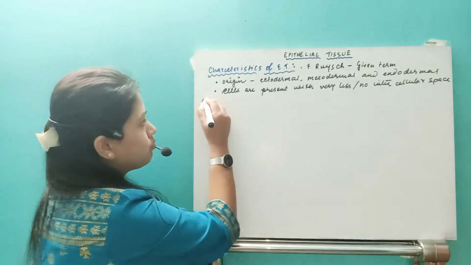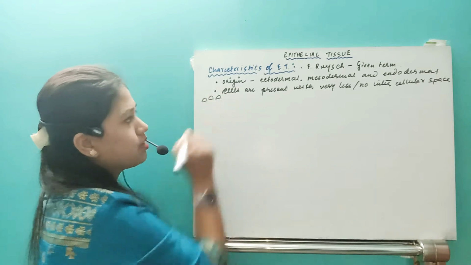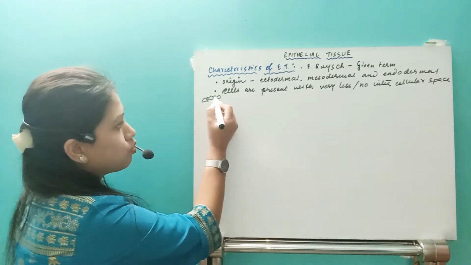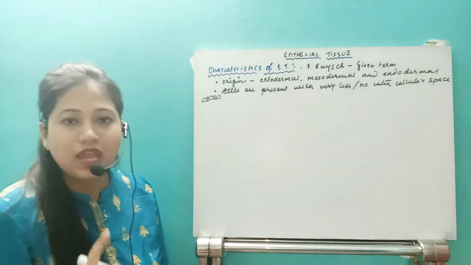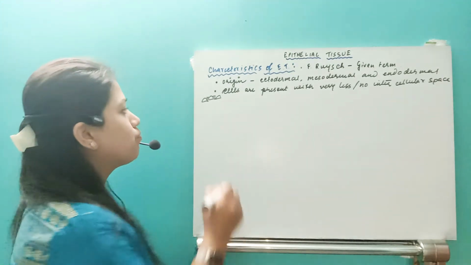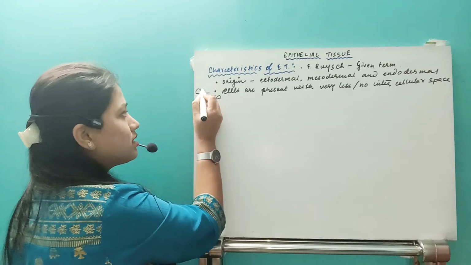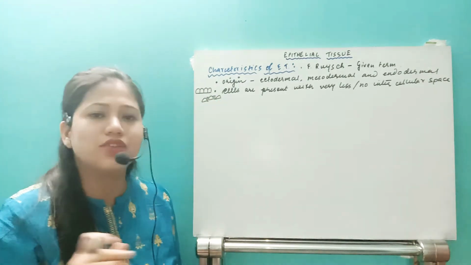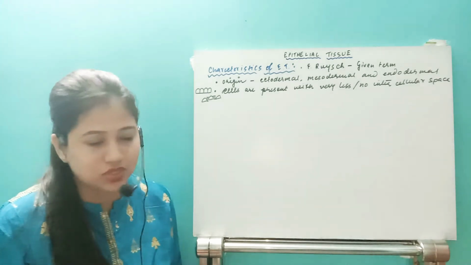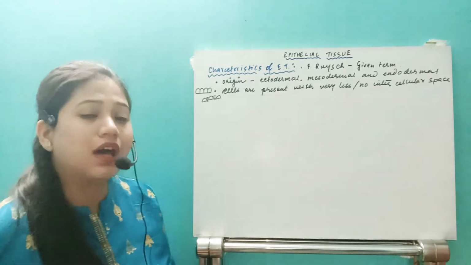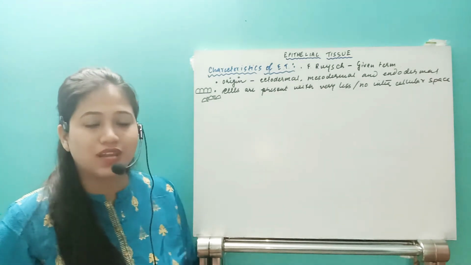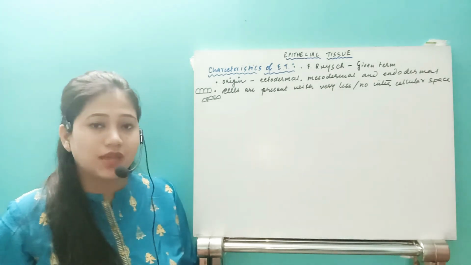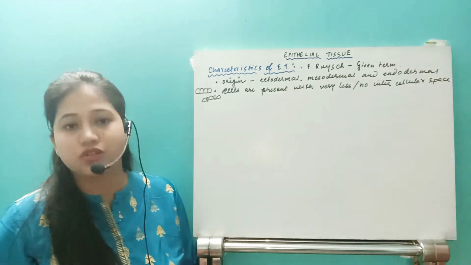Suppose these are the cells, right? The space in between the cells is known as intercellular space. In epithelial tissue, there is very little intercellular space, that means there is very little or no intercellular space present between the cells. Other tissues like connective tissue are made up of cells, different types of fibers, and matrix also.